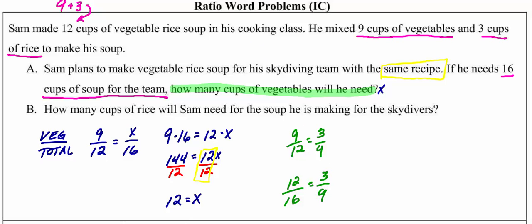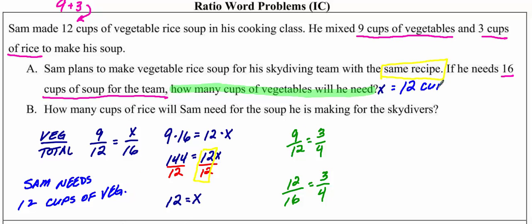I know my brain said write a 4, my hand wrote a 9. It also equals 3/4, and that tells us that we have equivalence. So in this case, Sam needs 12 cups of vegetables. So the answer right here, x is equal to 12 cups.